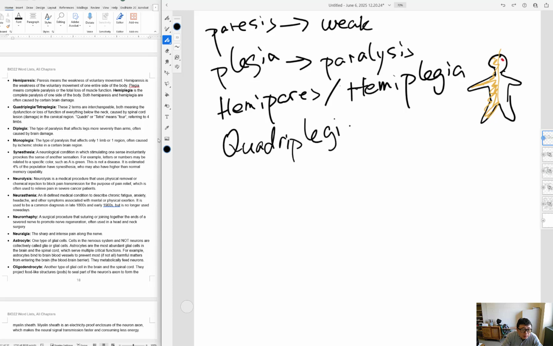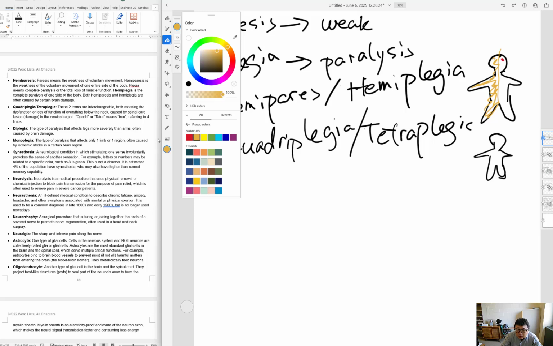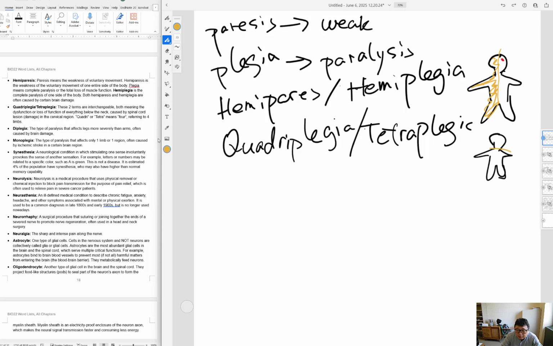Quadriplegia or tetraplegia. Somehow everything beneath the neck is damaged and cannot move.